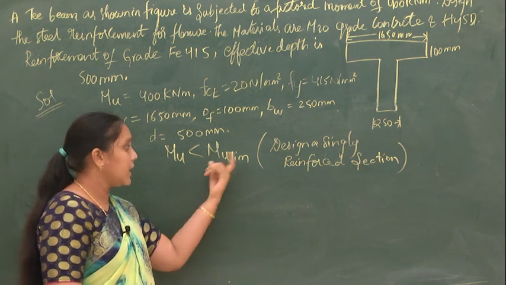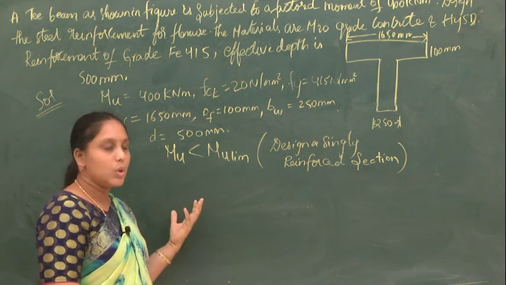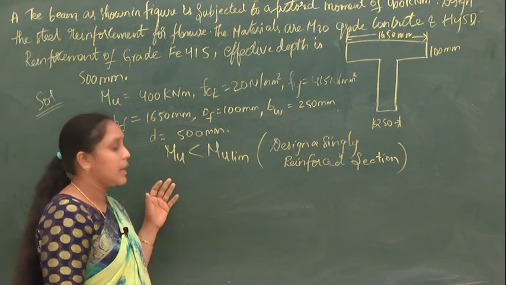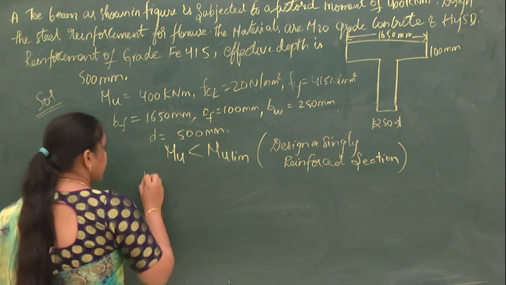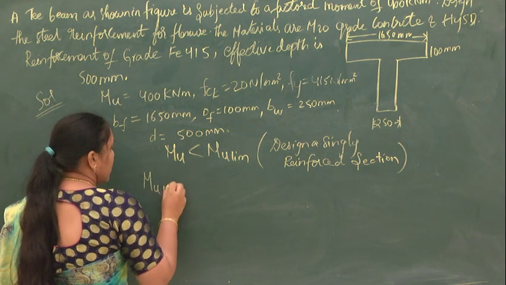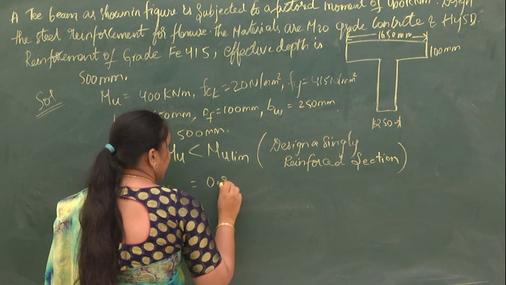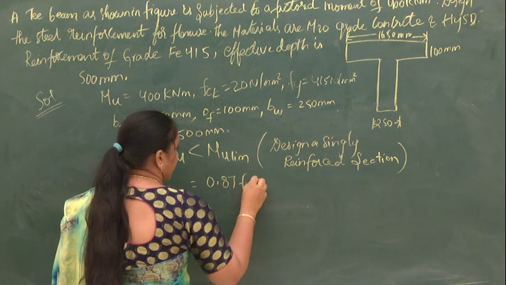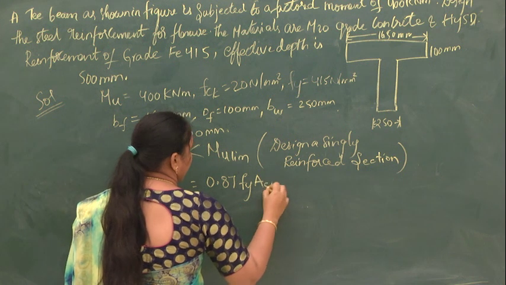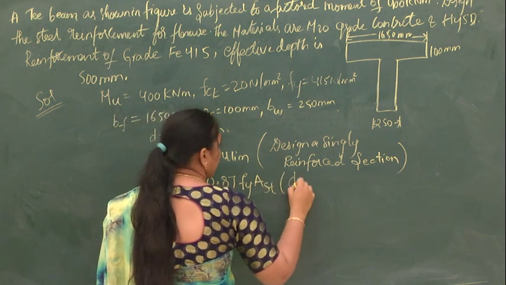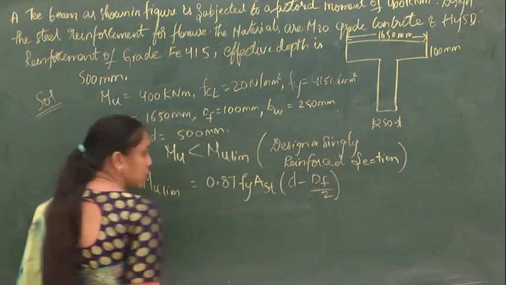For carrying this particular moment, we have to calculate the area of the steel, which is AST. So what is the equation for calculating it? Mu limit is equal to 0.87 Fy into AST into D minus df by 2.